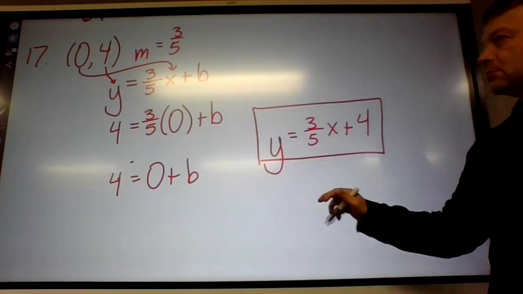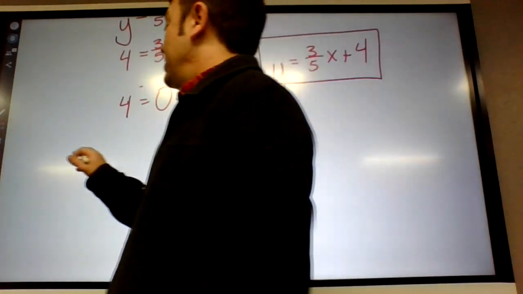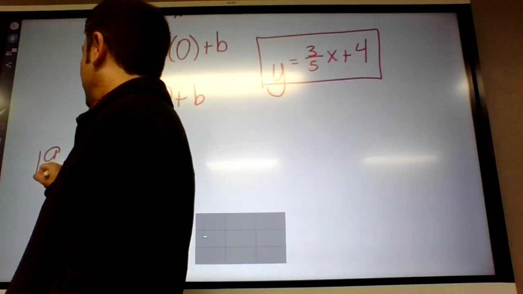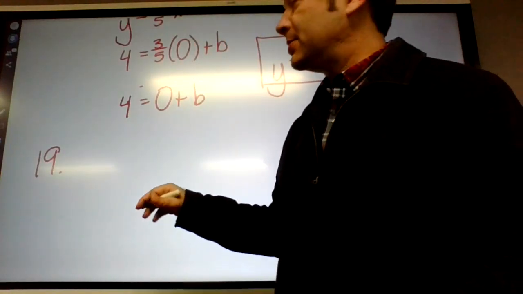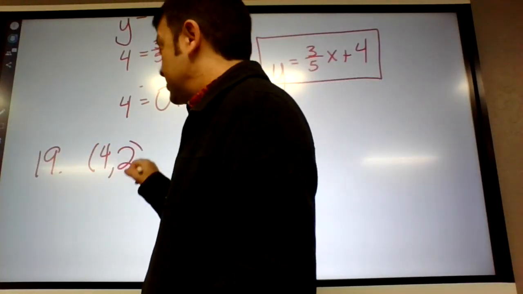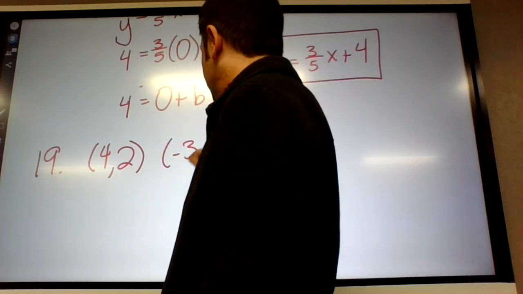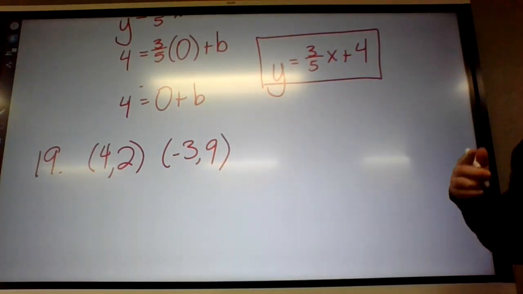Okay, 19. We have to remember last Friday to do 19. So they're not giving us the slope on this one. Maybe I should have you guys do a couple of these so you remember better, because you do need to know the formula for when we get to the test.